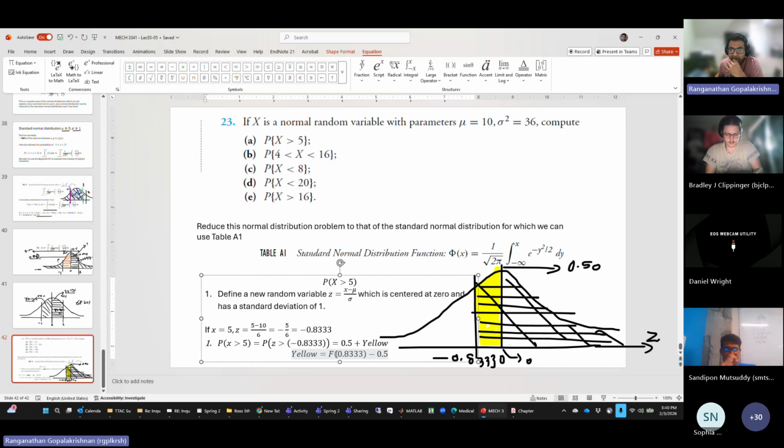F of 0.833 will be from minus infinity to that. And if I take out 0.5 from that, that will be this area, which is also equal to the yellow area. So if I put it back here, this is nothing but f of 0.8333. Am I correct here?